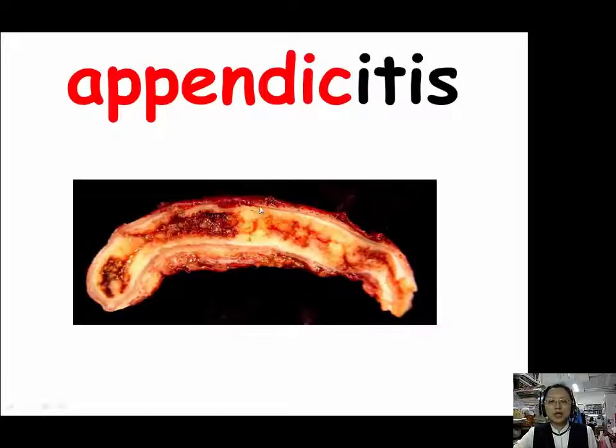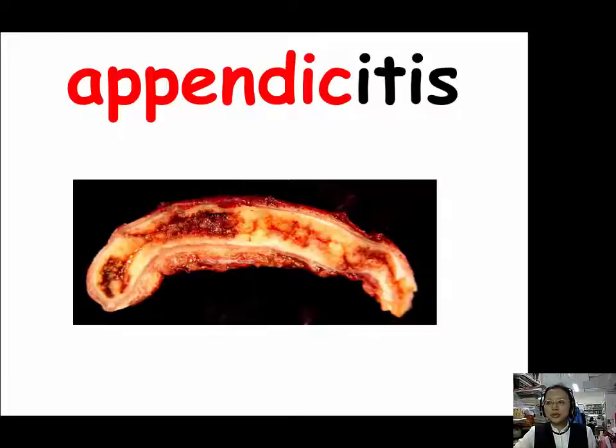This picture shows an appendix that is cut away from the patient because it has an inflammation. Appendicitis commonly presents with right iliac fossa abdominal pain, nausea, vomiting, and decreased appetite.